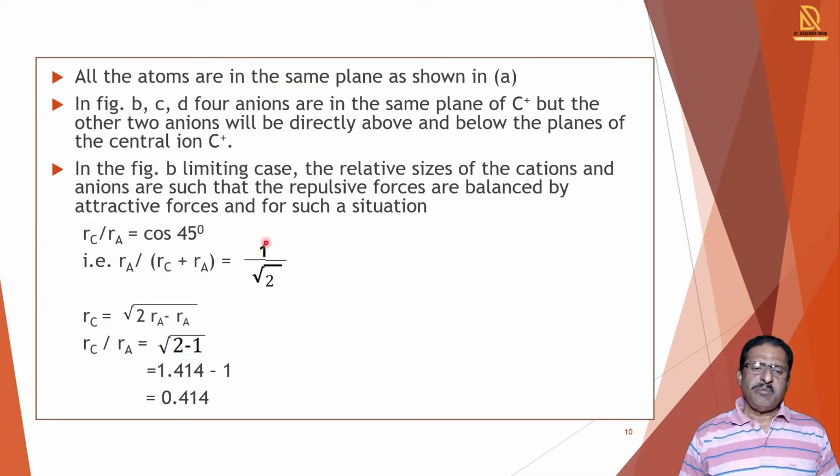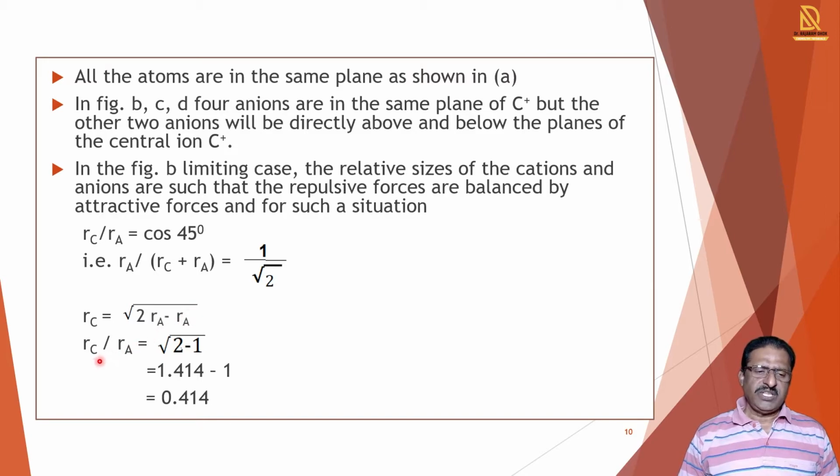So we see the geometry in this coordination number 6. Here the radius of cation to anion is given by cos 45 degree. We solve this: RA divided by RC plus RA is equal to 1 by under root 2. So RC is equal to under root 2 RA minus RA.